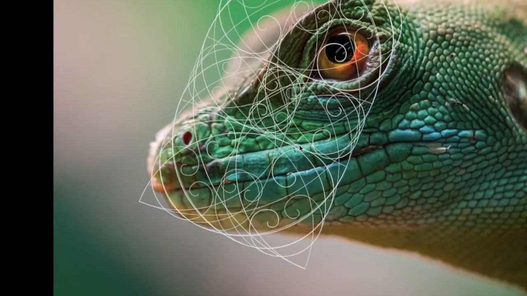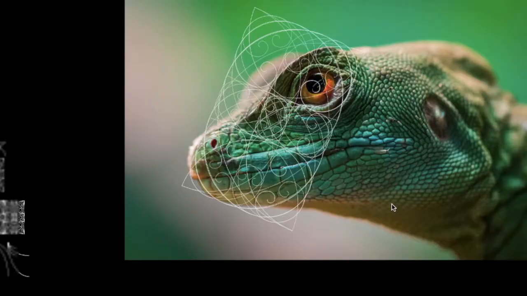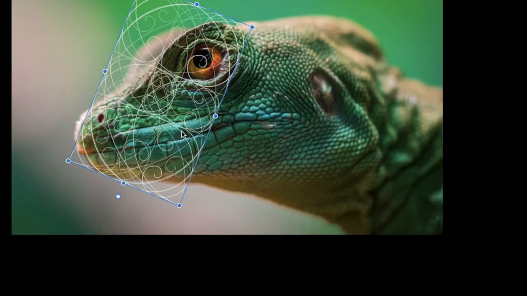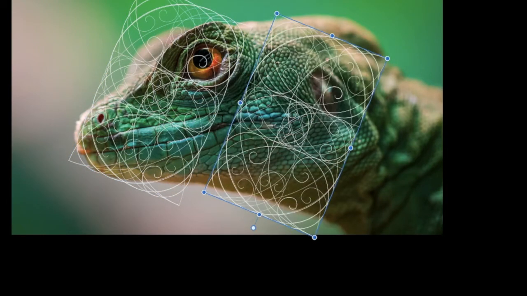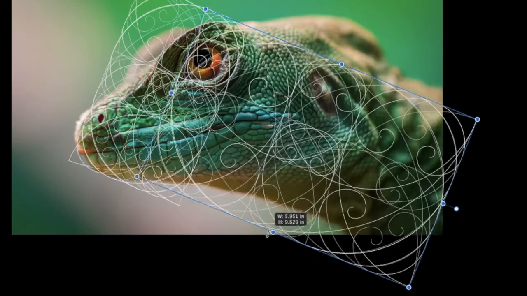Spiral right into the center of the eye. That doing the front, just right into the jaw, so that's a phi up from that one that was directly on the eye. If we take this one and scale it up once, I can do that just by making the width the same as the height of this one.